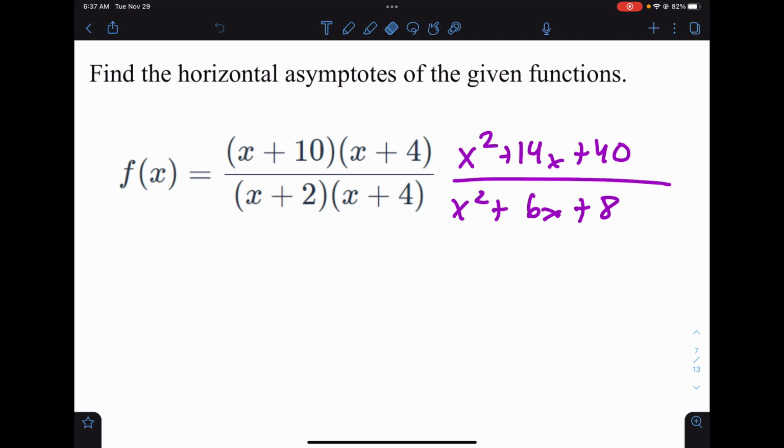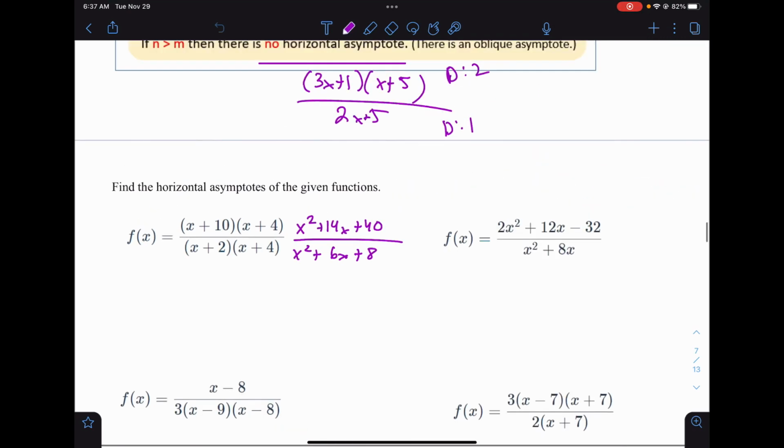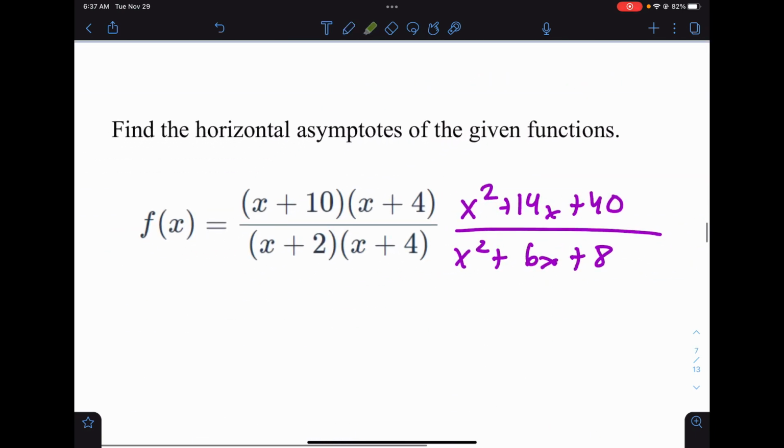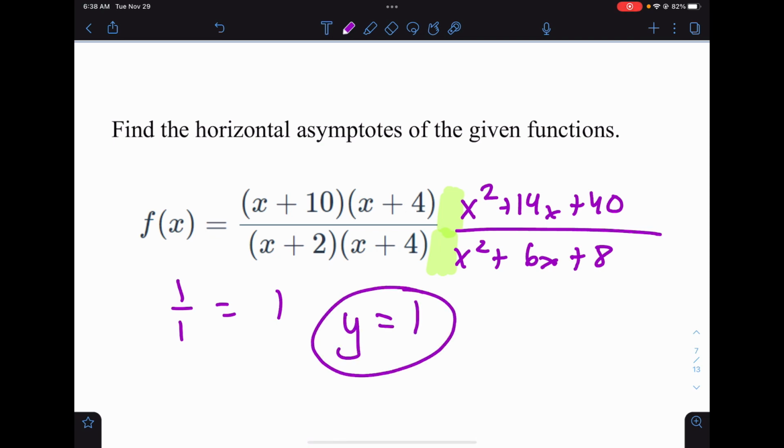Now, when the degree of the numerator is equal to the degree of the denominator, we look at the leading coefficients of the numerator and the denominator. My leading coefficient on top is 1. My leading coefficient on the bottom is 1. 1 over 1 is 1. So that means that my horizontal asymptote is going to be y equals 1.